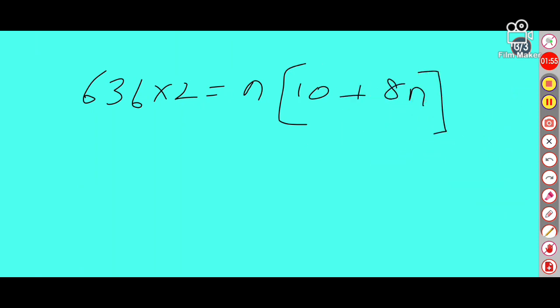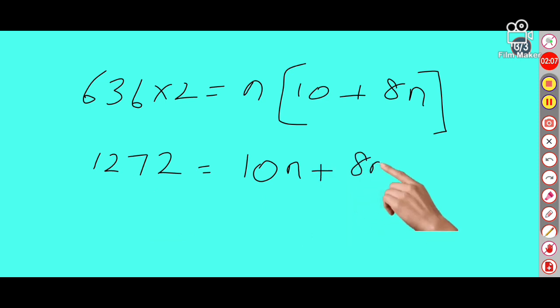So when you solve this, 1272 equals 10n plus 8n square.